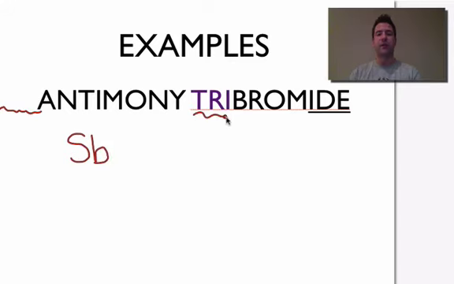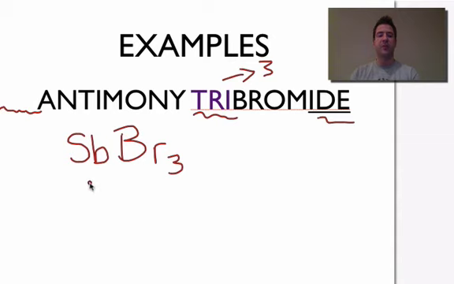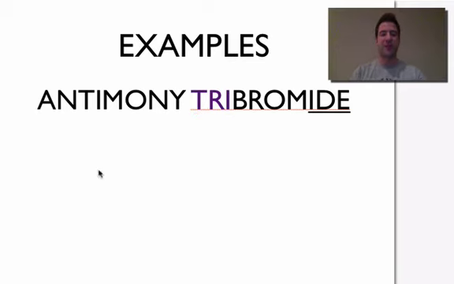Now I look at my prefix and I know that is 3. And IDE was replacing the end of the second element, so I know this is bromine. Bromine's symbol is Br. What's my prefix? It's 3, so I add that as a subscript number. So SbBr3 is antimony tribromide. Hopefully your answers were correct again.